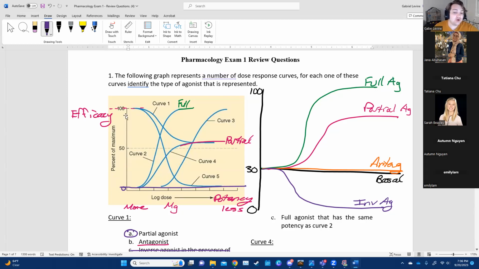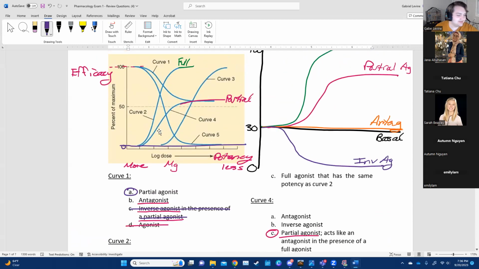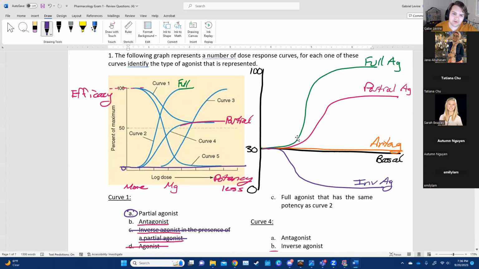Exactly. Curve 1 could be an antagonist if it went all the way down, which, if we look at curve 5, it would be an antagonist. Could it be an inverse agonist?